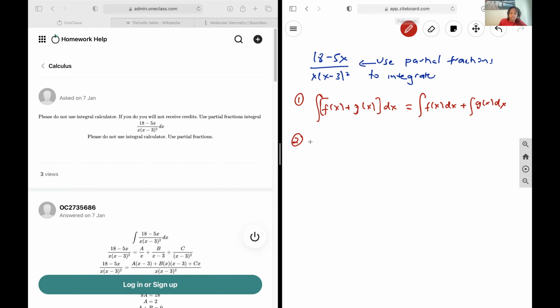Additionally, we'll be using the fact that any fractions, let's say we have (18 minus 5x) over x into (x plus 2) as the example, we know that this can be rewritten as a over x plus b over x plus 2. And this is just simply how fractions are added up.